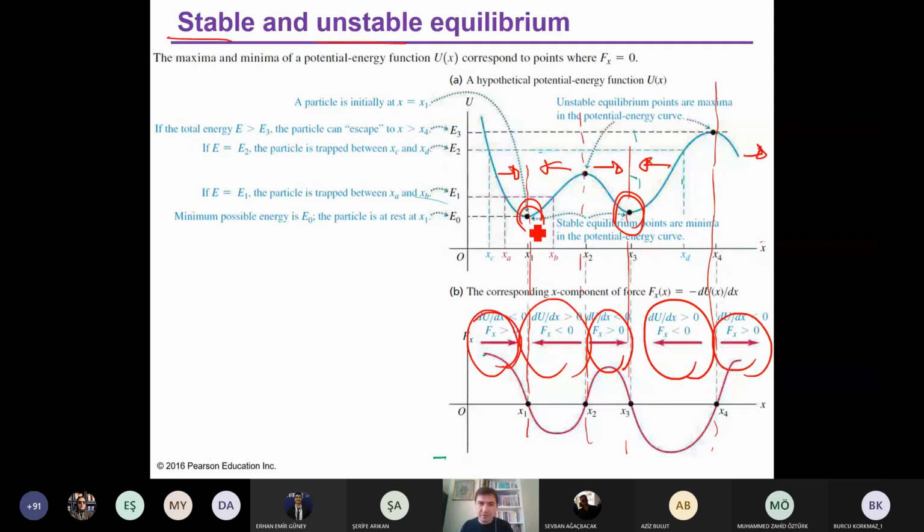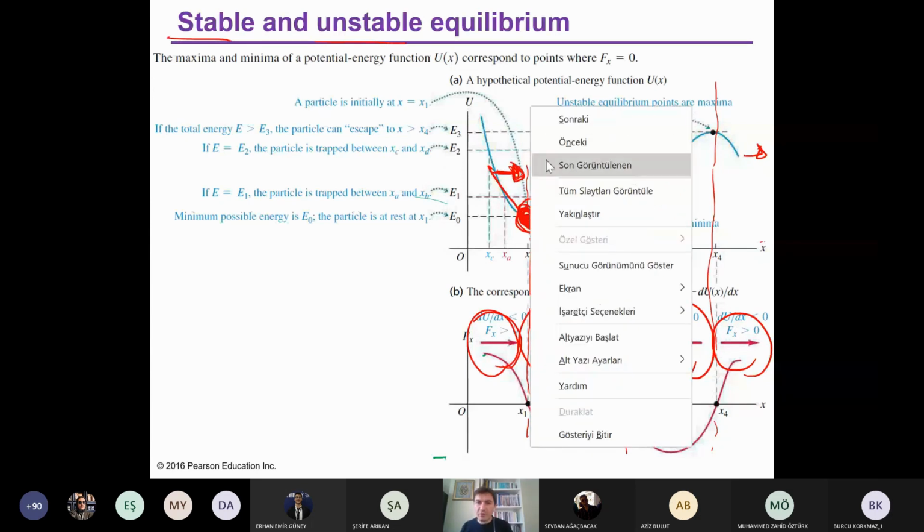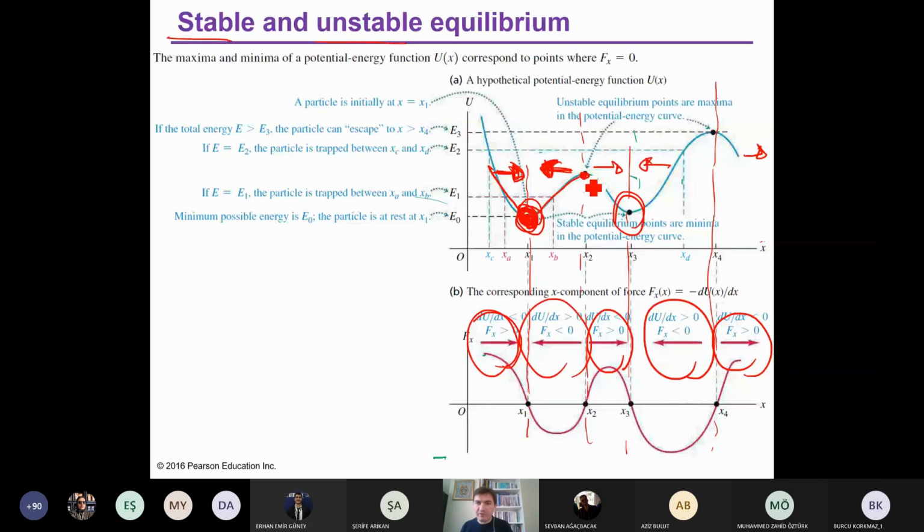So in this range, the forces would like to push the system, drive the body to this minimum, okay? The force pushes the body to this minimum. And here, at this maximum energy, the force pushes the body away from this maximum potential energy.